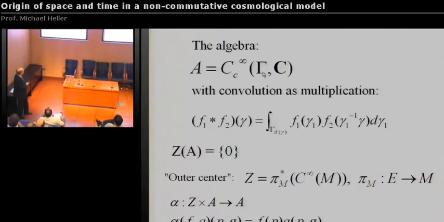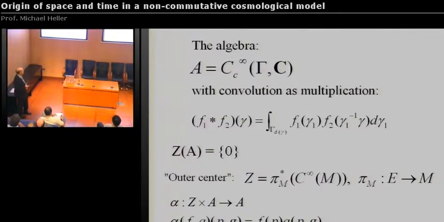It is also a very well-known mathematical operation, which is called convolution of two functions. The function f1 convoluted with the function f2, these functions being elements of this algebra, is defined with the help of this integral here.